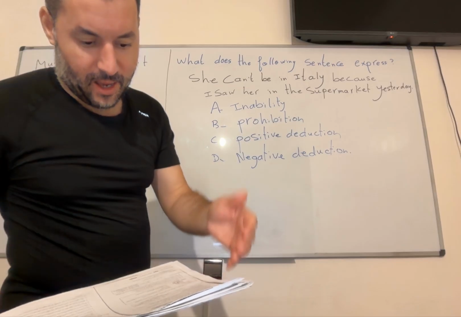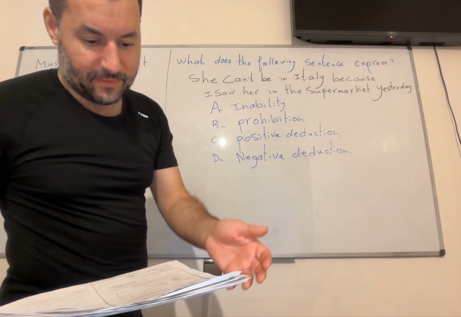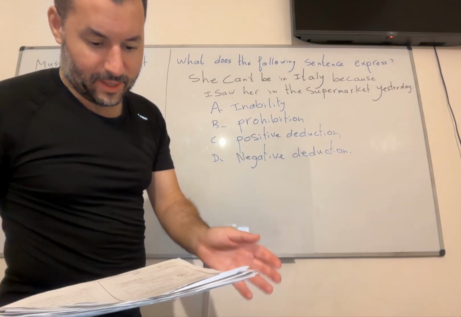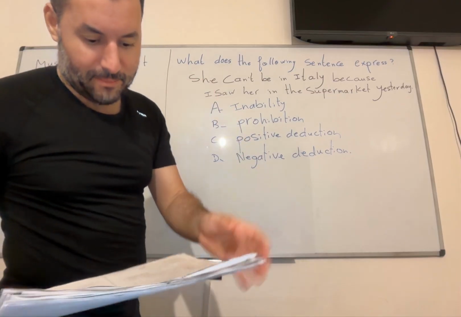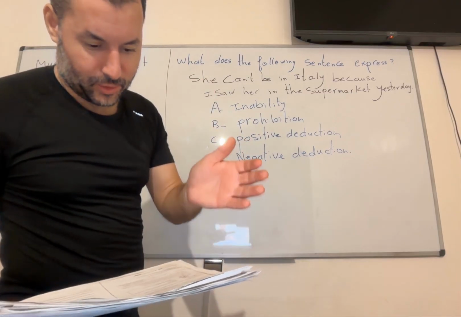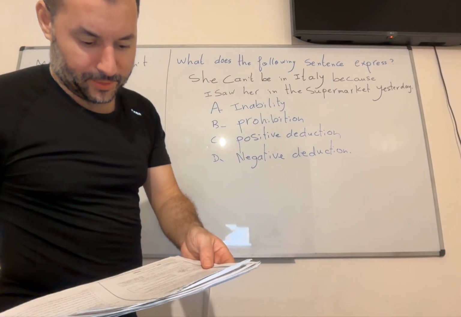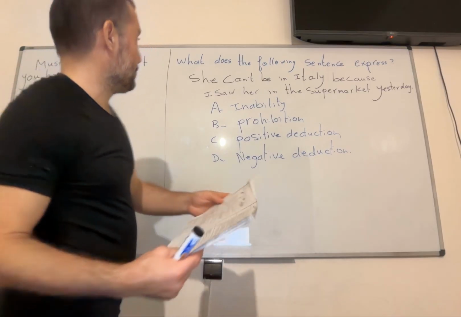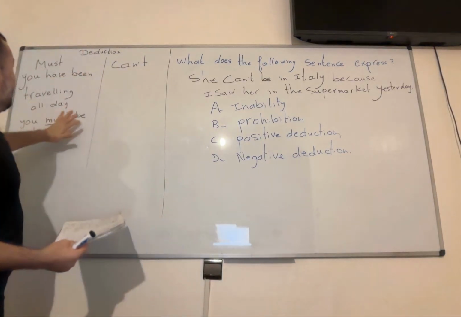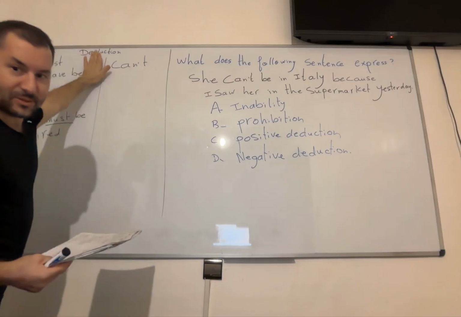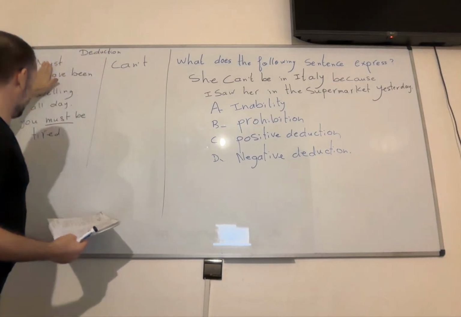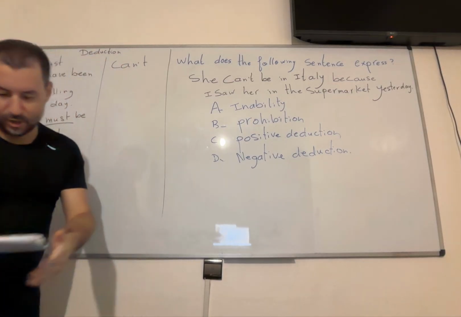Another example, they haven't lived here for very long. They can't know many people. They cannot know many people. So that's briefly deduction. We have must and we have can't.